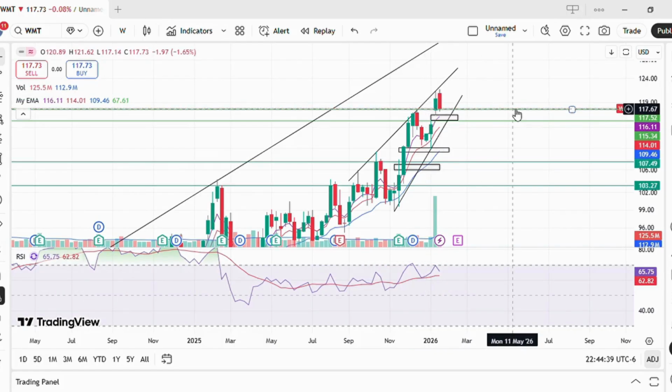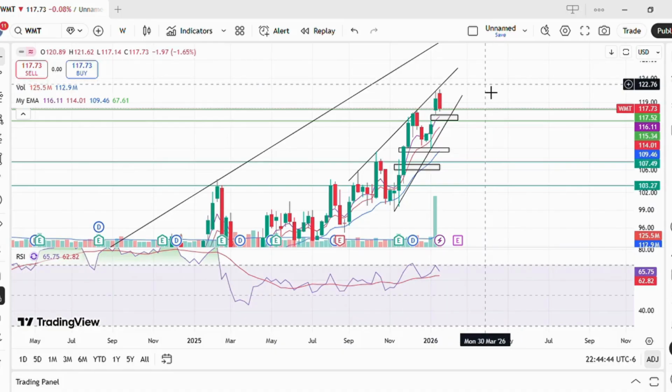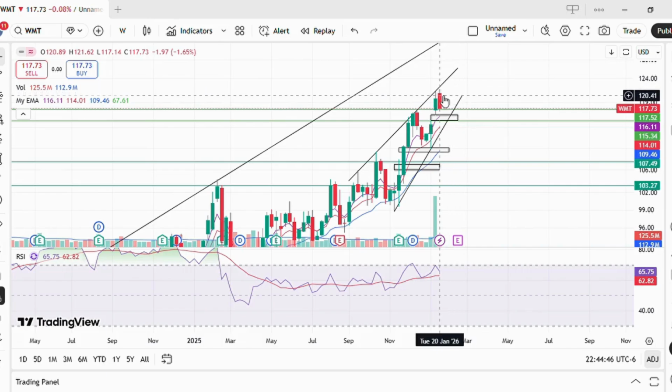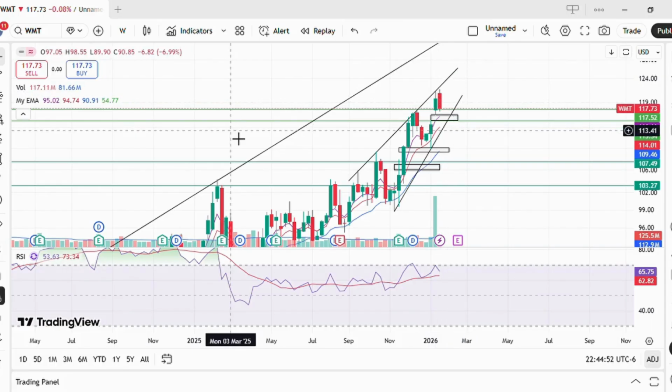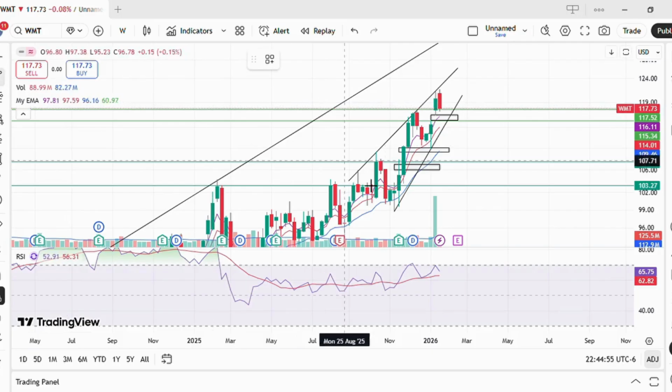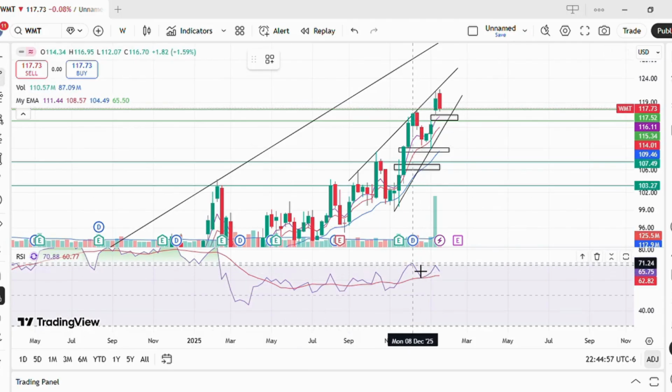Looking at the weekly time frame, Walmart is showing a bearish signal, a dark cloud candle, and RSI bearish divergence.